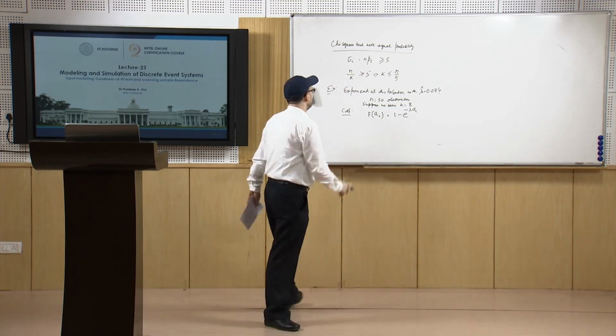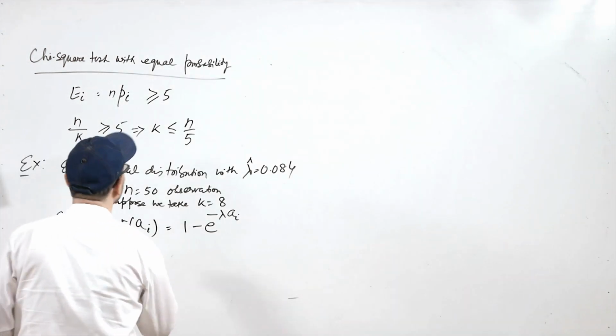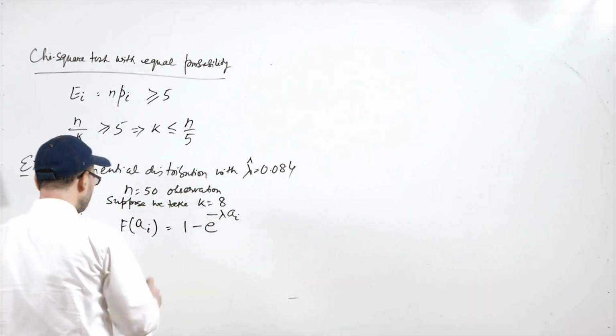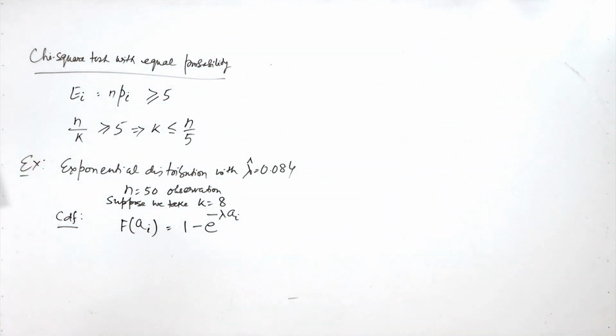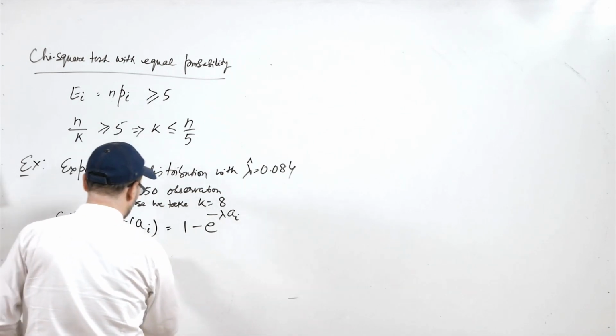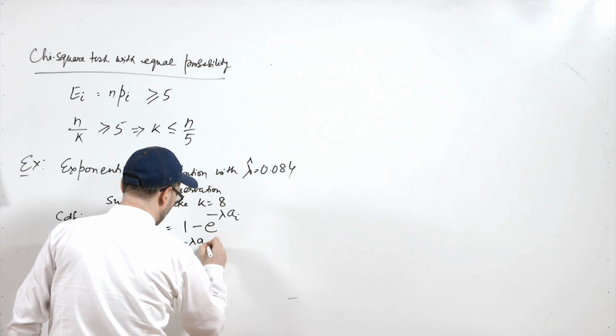So that is how F of AI will be 1 minus e raised to the power minus lambda AI, and we have to get the expression for this AI. So this will be IP equal to 1 minus e raised to the power minus lambda AI.